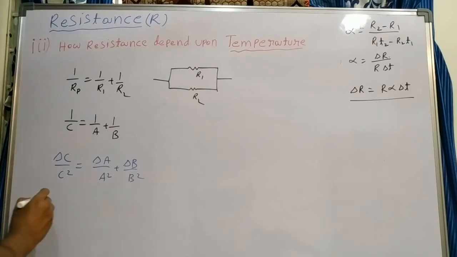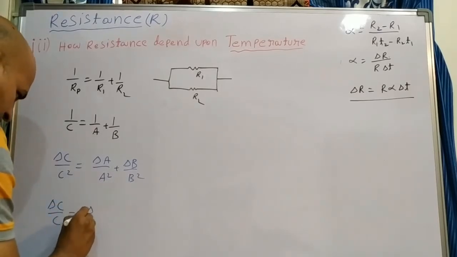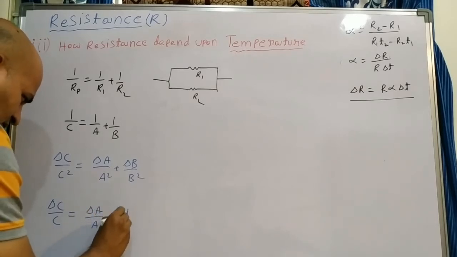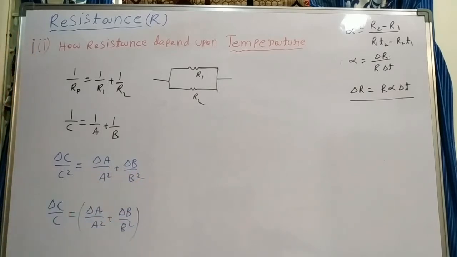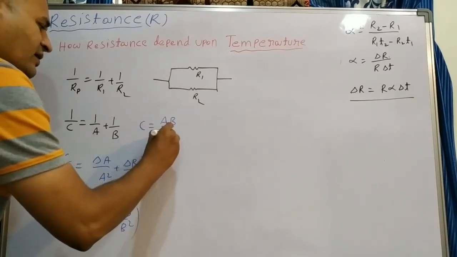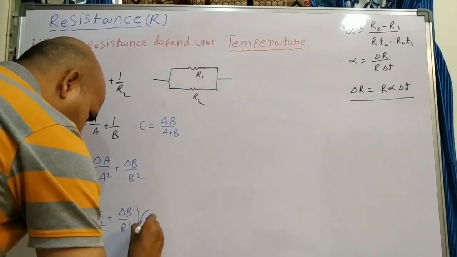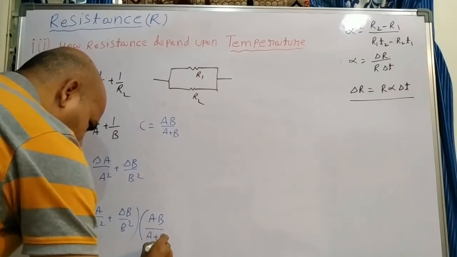And from this, we need delta C by C is equal to delta A by A square plus delta B by B square, into C. What is C from this? C is equal to AB by A plus B. You can multiply that here. It is AB by A plus B.